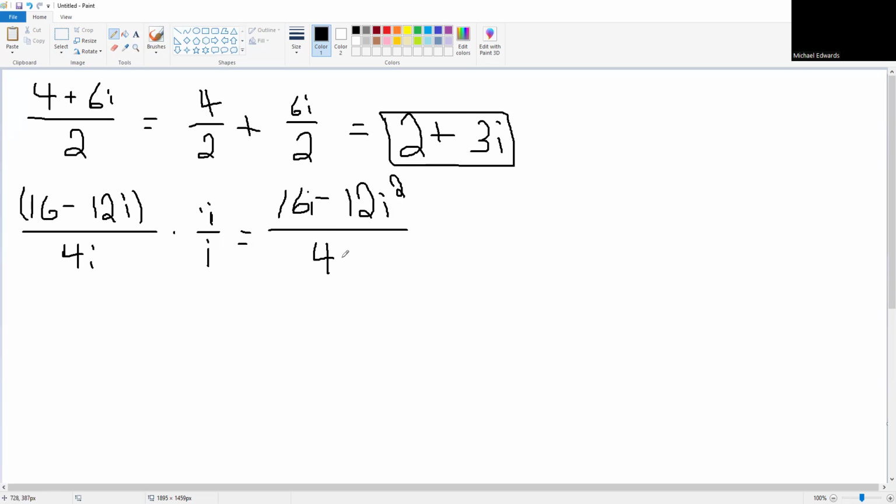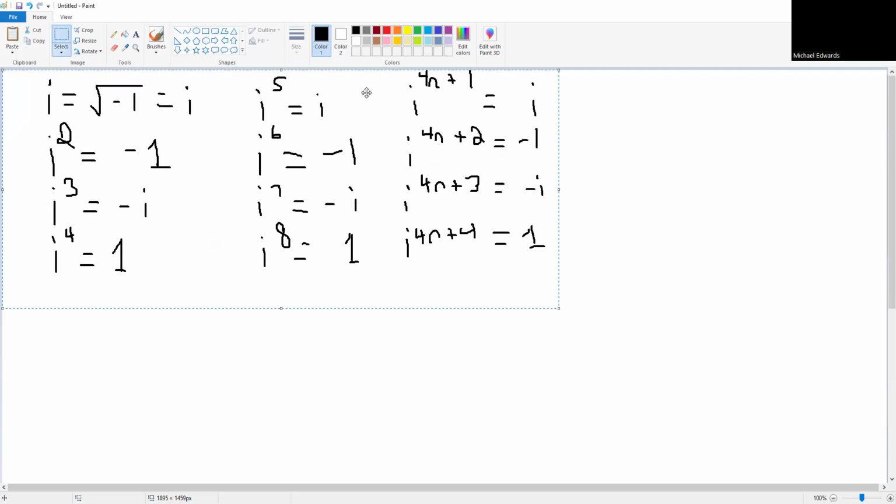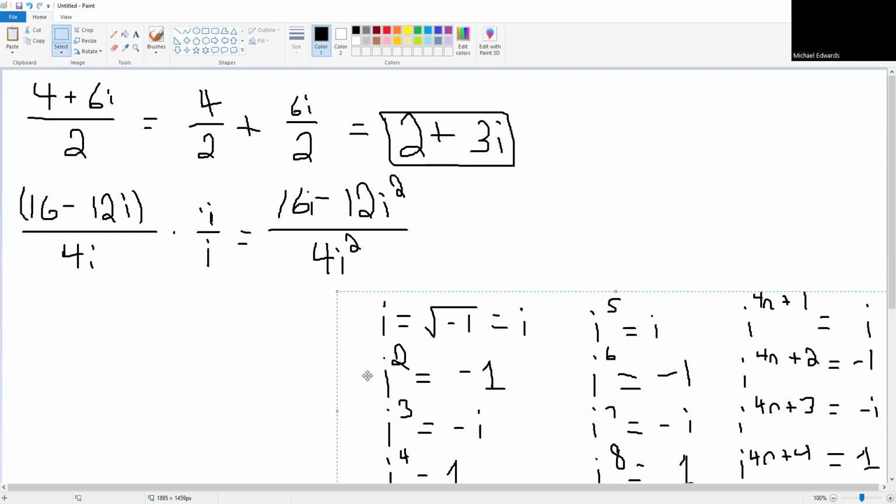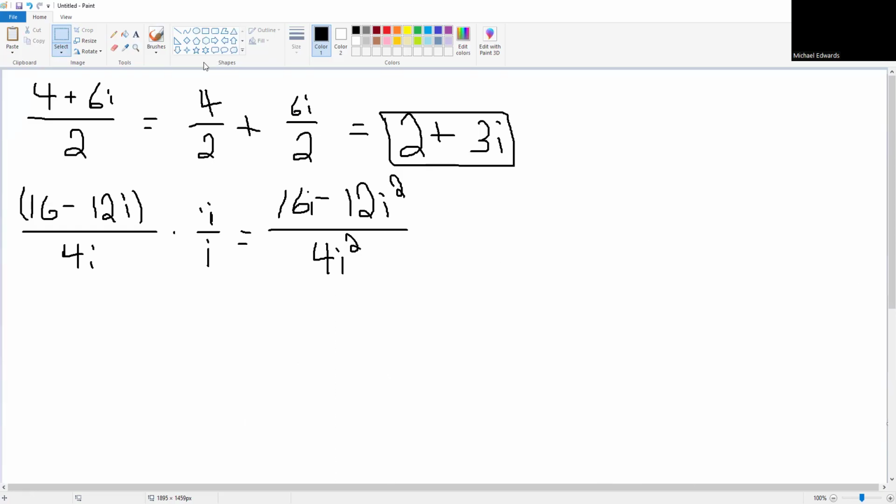All right. This is where we were. If we look at our handy dandy chart, we'll see that i squared is negative 1. So let's place negative 1 in each one of these. So that would be 16i plus 12, and this would be just negative 4.